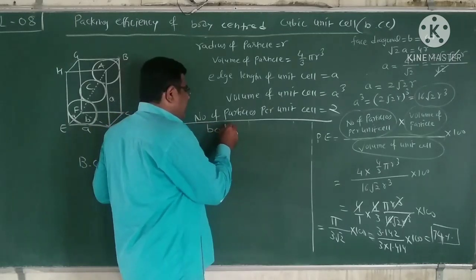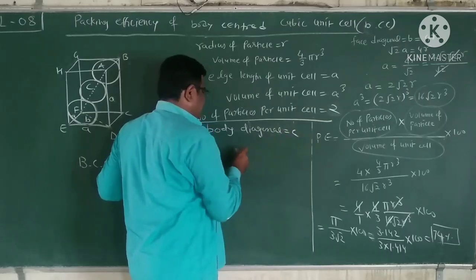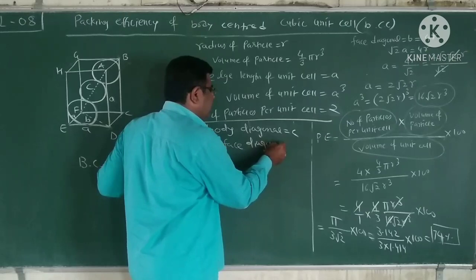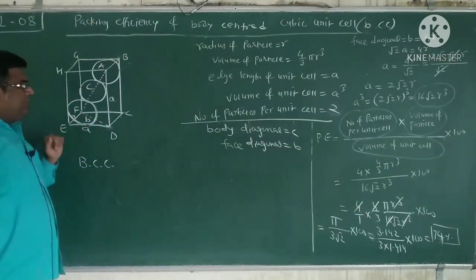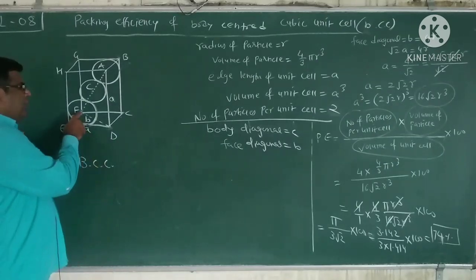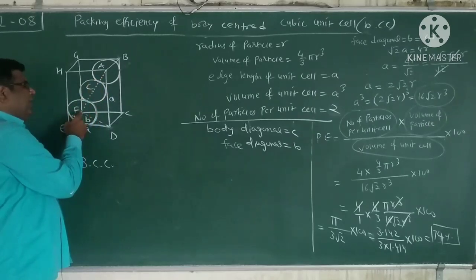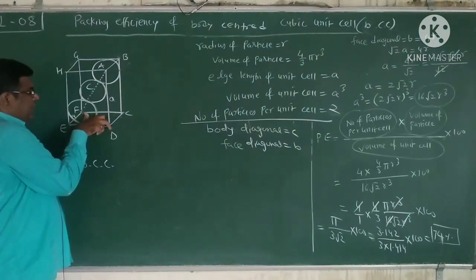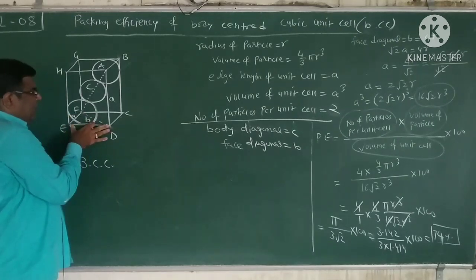Then we have to write body diagonal is equal to C, and face diagonal is equal to B. Now first we calculate the value of the face diagonal and then the body diagonal, because for the face diagonal we have 3 sides, EF, ED, FD. We need to know the value of FD. EF value and ED value are already known.